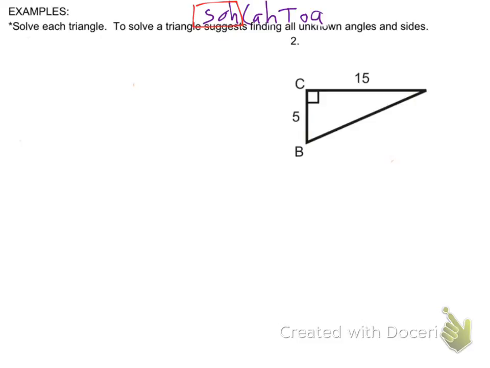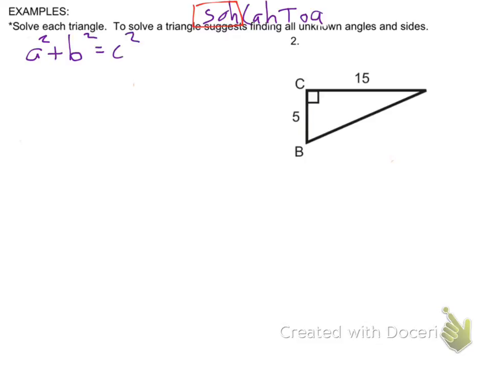But I'm also going to show that you can use sine or cosine to solve for the hypotenuse as well. Okay, so we all know, hopefully, that a squared plus b squared equals c squared, right?